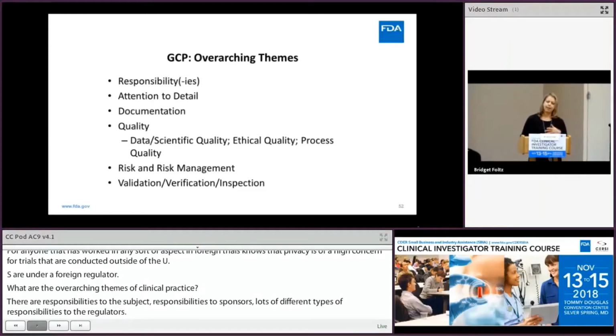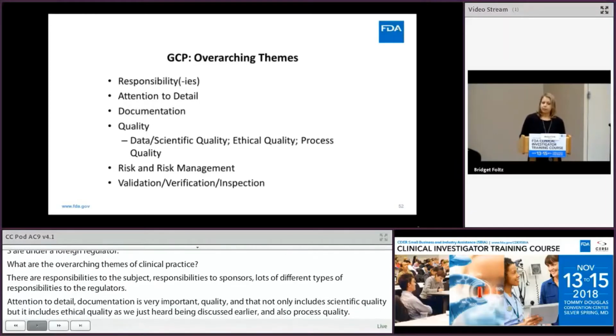Quality, and that not only includes data and scientific quality, but it also includes ethical quality, as we just heard being discussed earlier, and also process quality. You want to ensure a consistent process throughout the conduct of the trial. There's risk and risk management, and then there's validation, verification, and inspection.